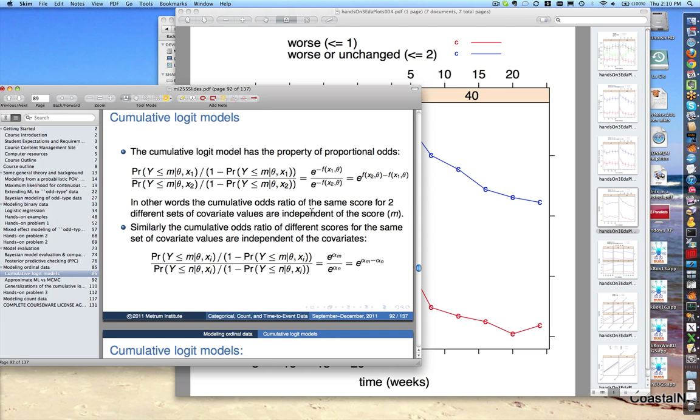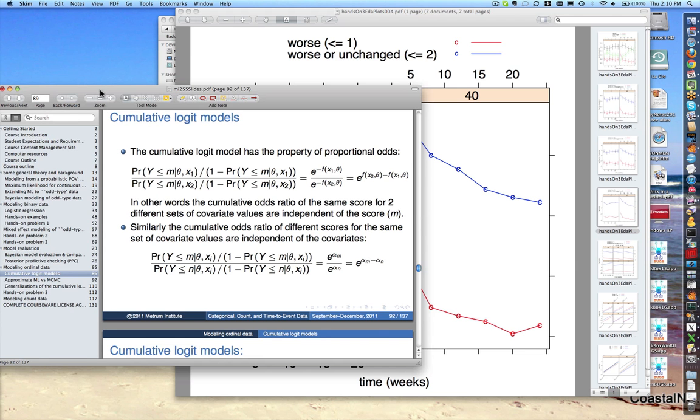So under proportional odds, the cumulative odds ratio for the same score for two different sets of covariate values ends up being independent of the score. And similarly, if I take an odds ratio for different scores at the same set of covariate values, it ends up being independent of the covariates.